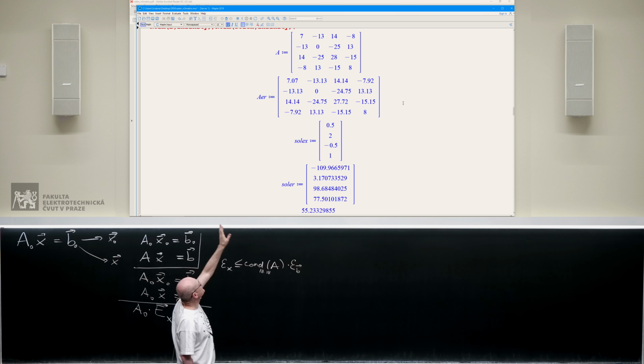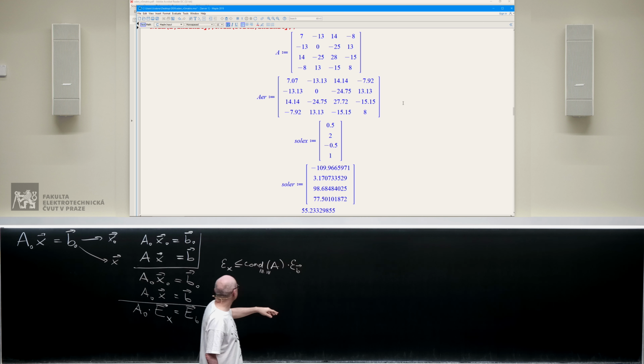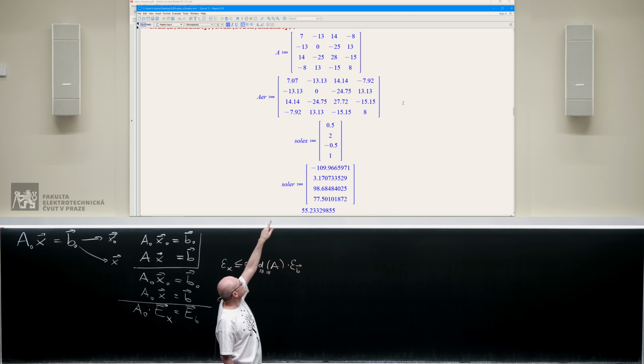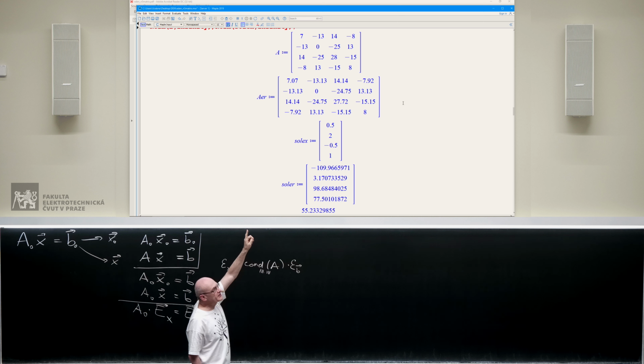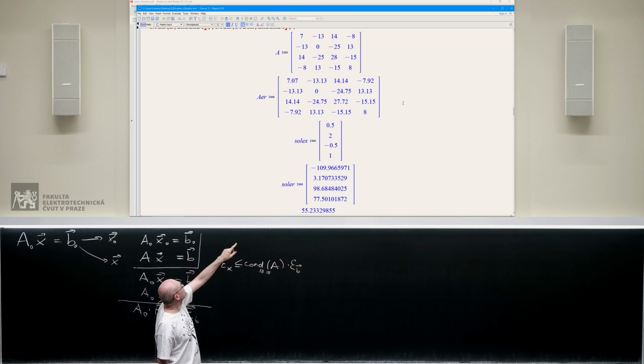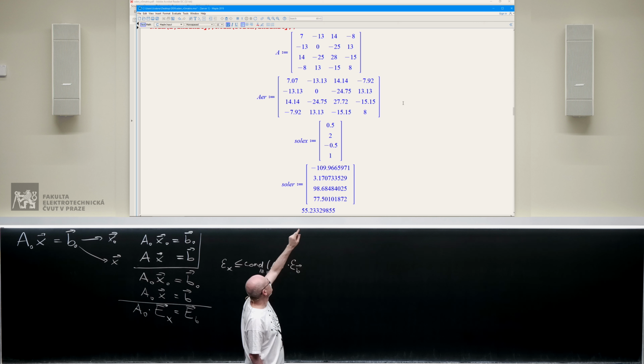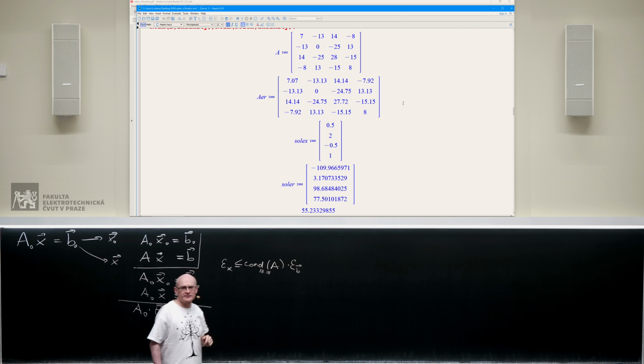Then I left the right-hand side as it was, so it actually stayed the same. I calculated the exact solution of the original system, and then the exact solution of the changed system with a small 1% error. Here we can see the relative error of this new solution of the changed system, and it's 55.